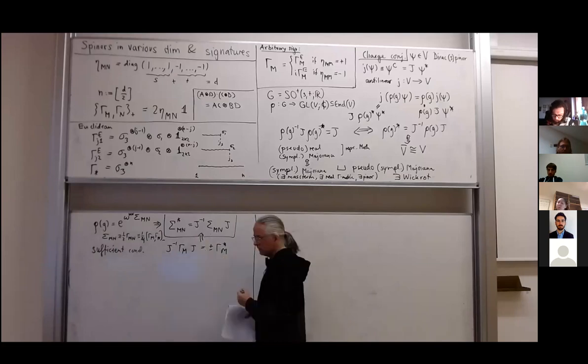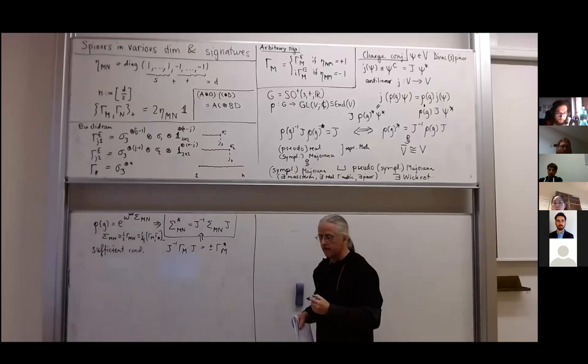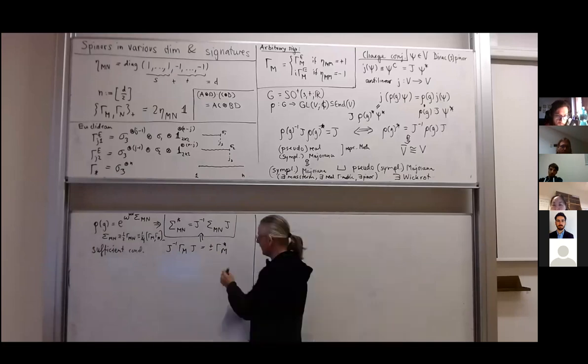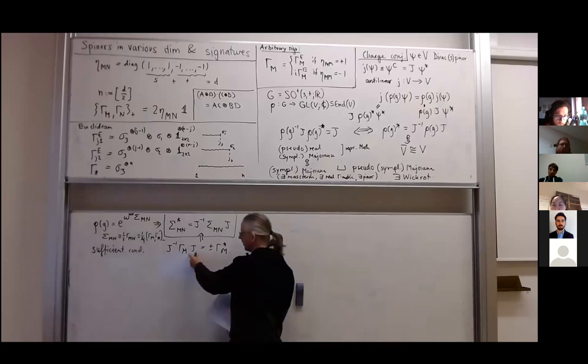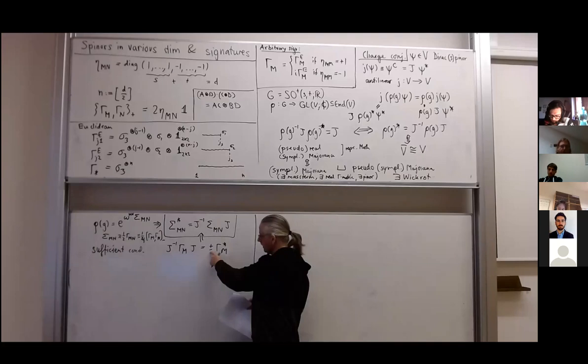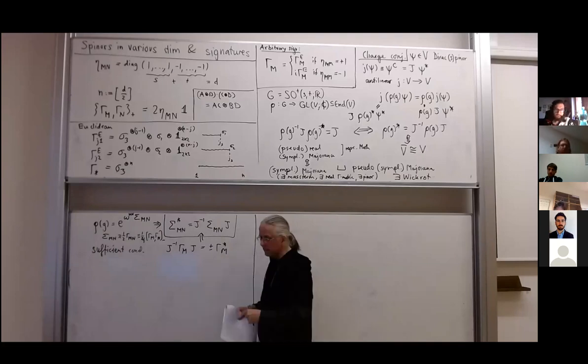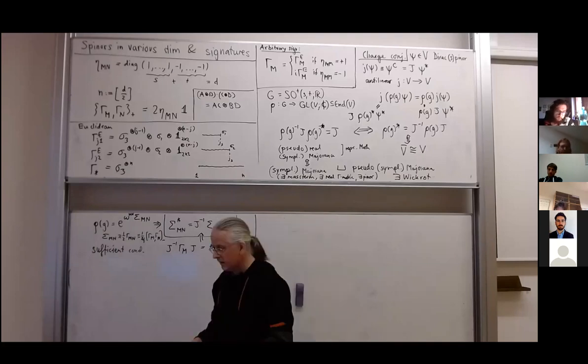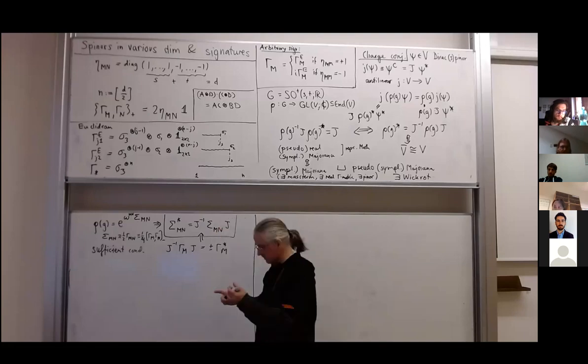Does that make sense? So if we can impose this condition on the gamma matrices, then obviously the sigma matrix would also satisfy this. And we can even change the sign here, because there's two gamma matrices. It's the even part.